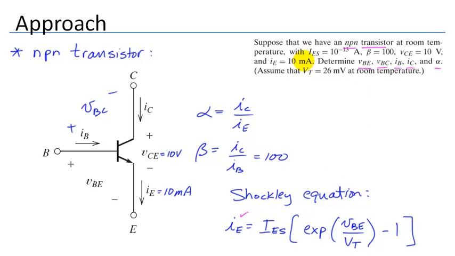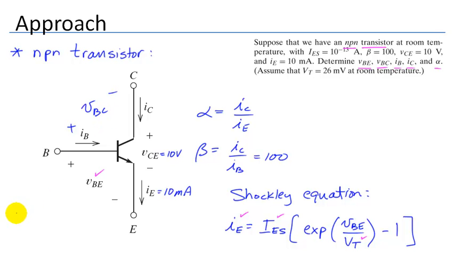The emitter current is known because that's specified in the problem statement, as is I sub ES. The thermal voltage is specified as 26 millivolts at room temperature, so we can solve that equation for VBE. And that's the first voltage that we were looking for.